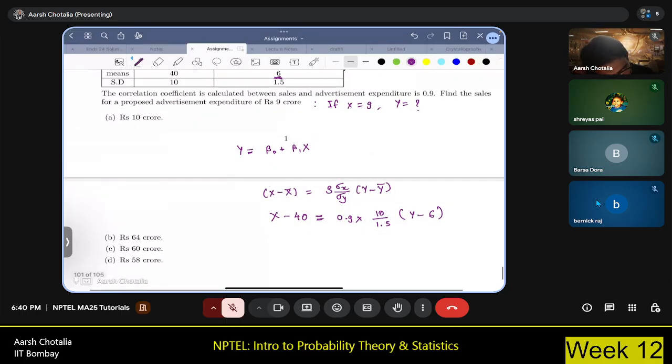Okay. Now it's just this thing: x is equal to 40 minus 6 times 0.9 into 10 by 1.5, plus 0.9 into 10 by 1.5 times y.